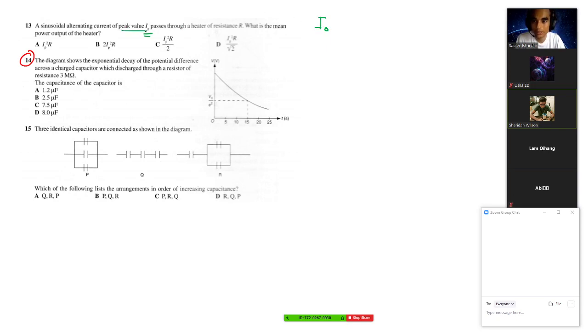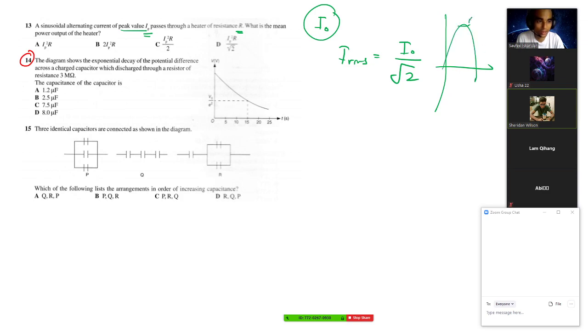The peak value, we usually use I naught for naming convention. So heater resistance R. What is the mean power output of the heater? So we know that I_RMS equals I naught divided by square root of 2. You know the highest peak I naught, and to convert into I_RMS, you just divide it by square root of 2.